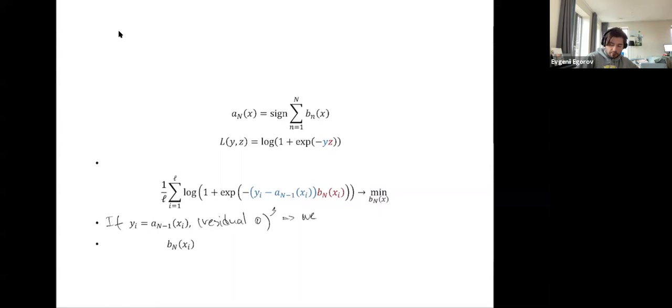We just don't use this point in our training. At first it could be viewed as okay: if you're already not making any mistake on this object, let's train our new member of the ensemble on the other points. But this will lead to the new algorithm, when we predict on this point which we already classified correctly, outputting anything here.